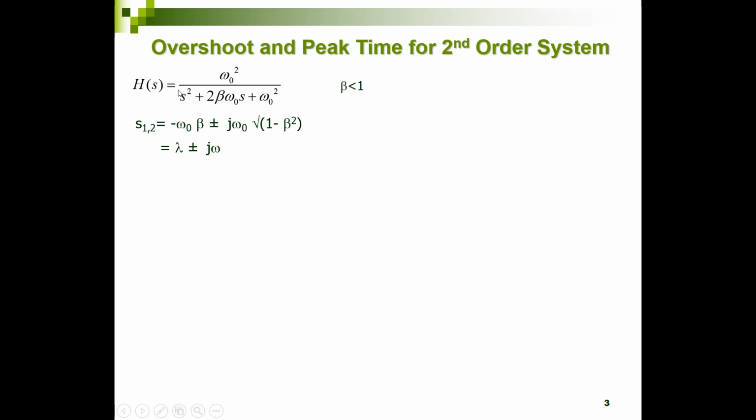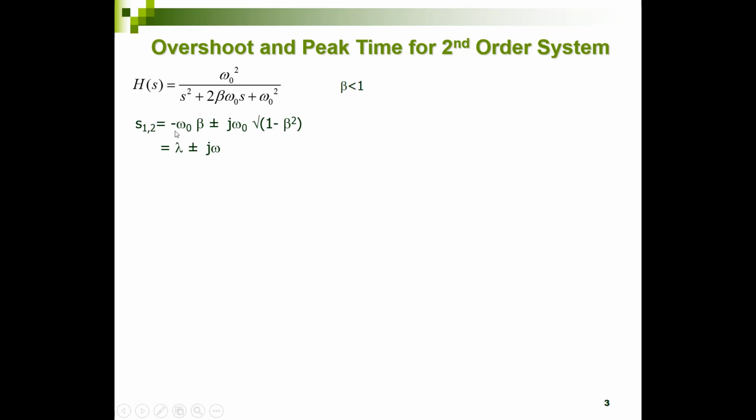So based on this transfer function, we can derive the poles by setting the denominator to 0. And when we apply the ABC formula, we get that the poles are located at minus omega 0 times beta plus or minus j times omega 0 times the square root of 1 minus beta squared.